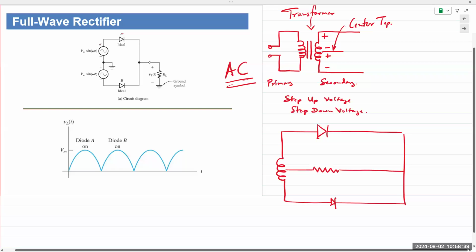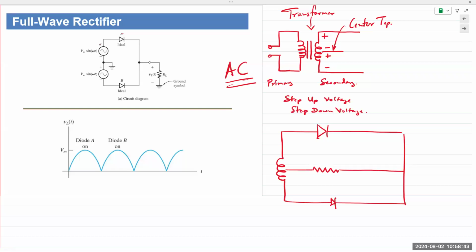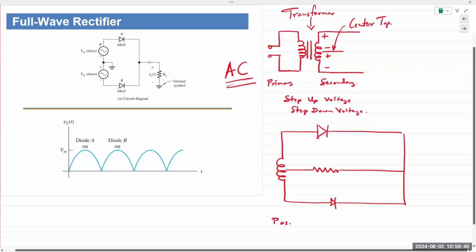Notice that both diodes are pointing in the same direction. But here's what happens. In the positive half cycle, the transformer is plus minus, plus minus. And this is the center tap, center line.